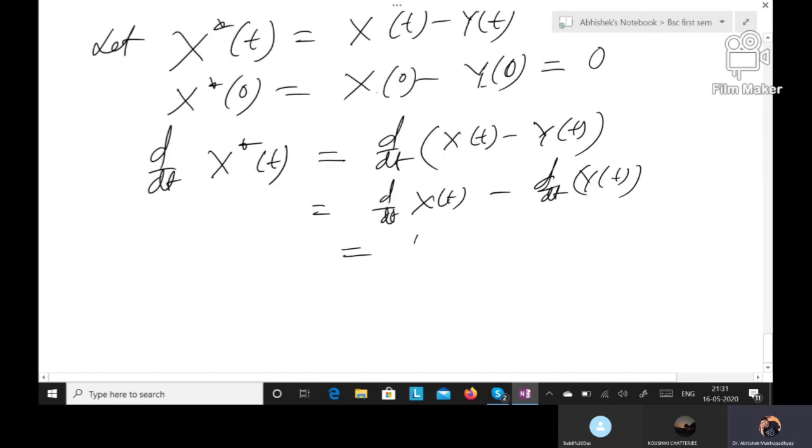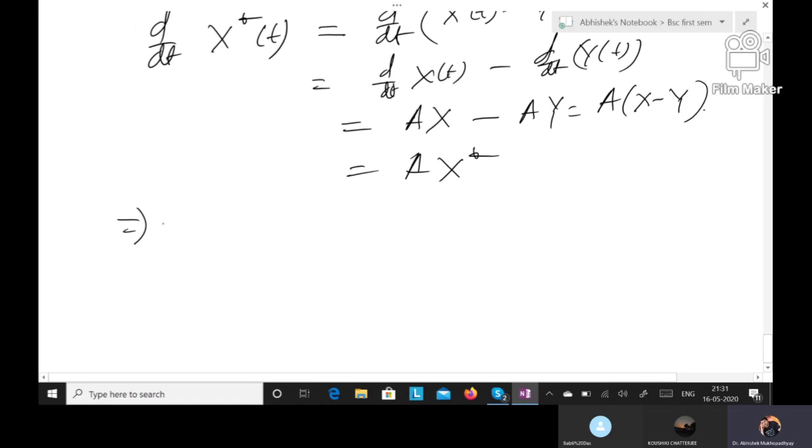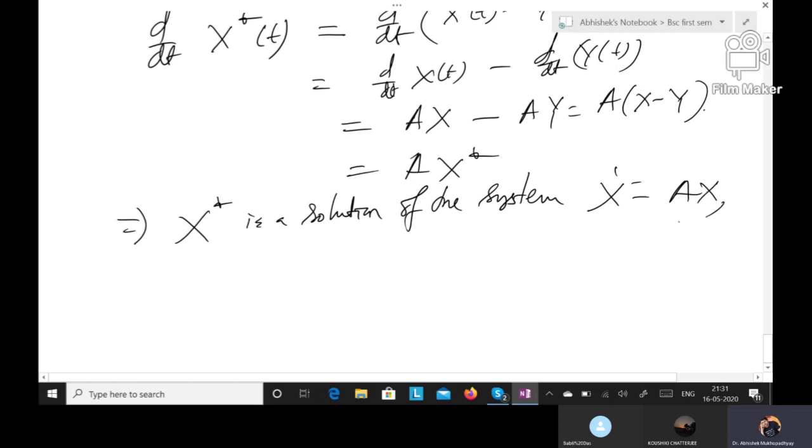Now d/dt of X(t) is AX and d/dt of Y(t) is AY. That is A into X minus Y, that is A X star. And this implies that X star is a solution of the system X dot equal to AX with the initial condition that X star at 0 will be 0.